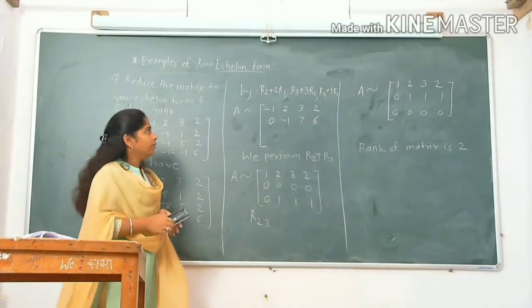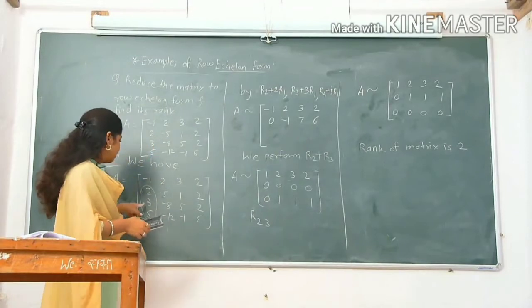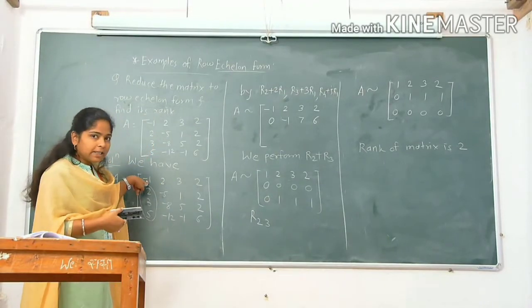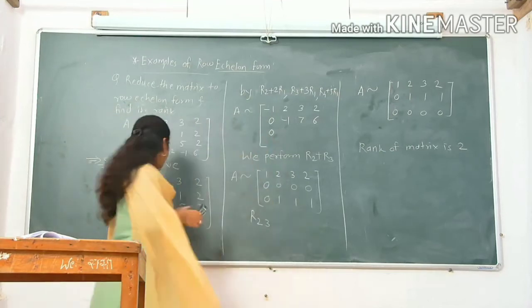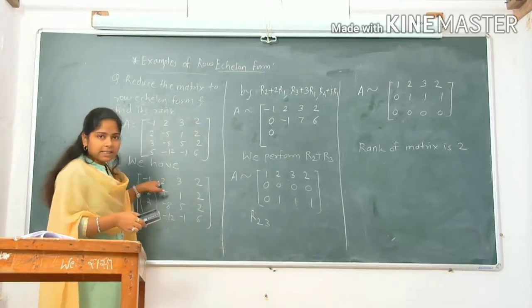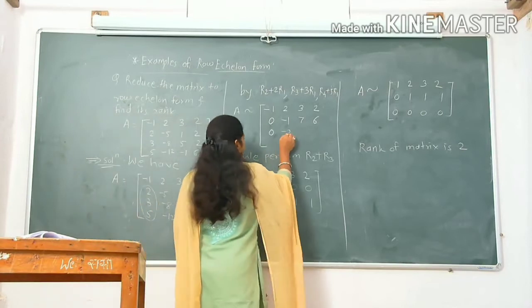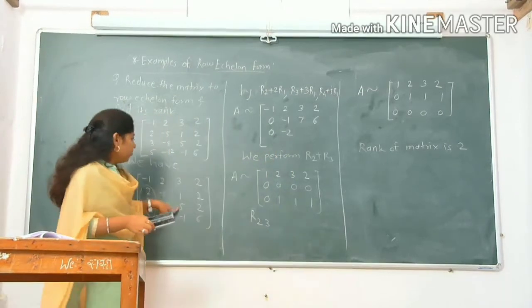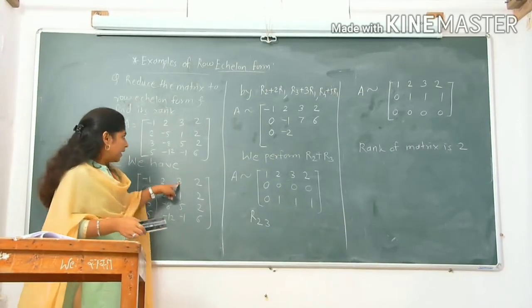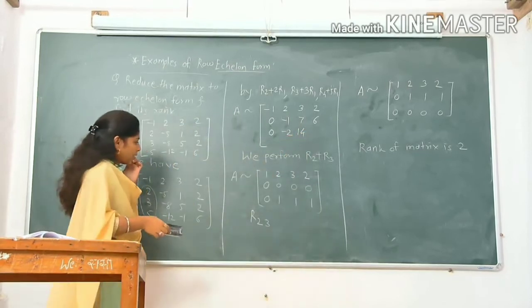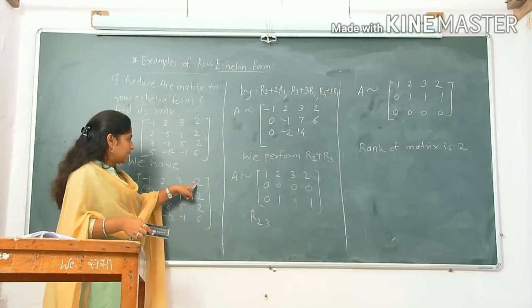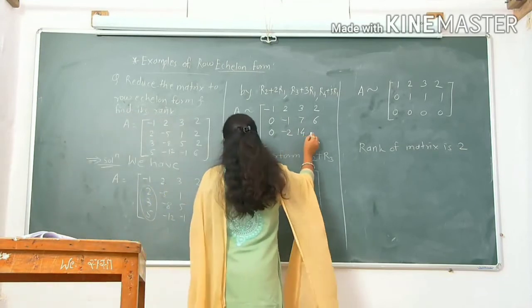Now we perform R3 plus 3R1. 3 plus minus 3 means 3 minus 3, which is 0. Minus 8 plus 6, which is minus 2. Then 5 plus 9 is 14. And 2 plus 6 is 8.